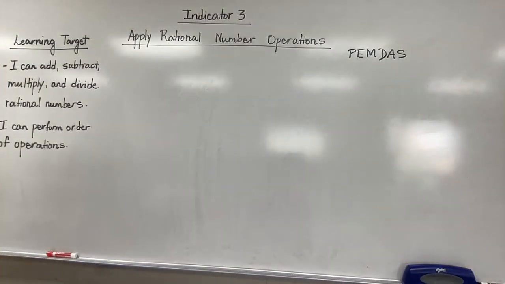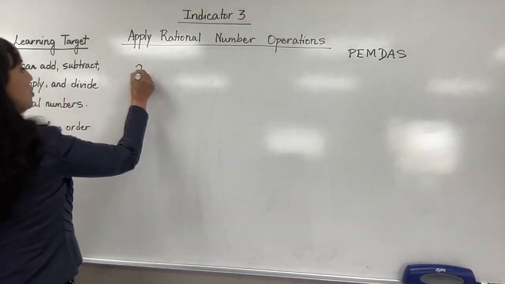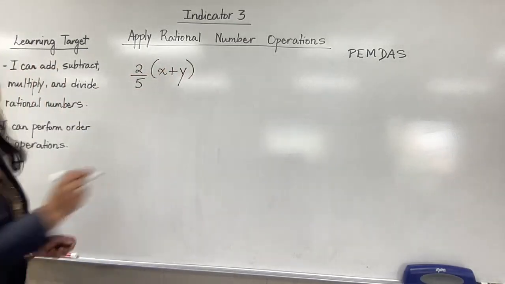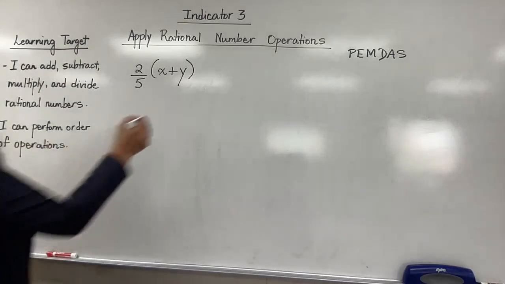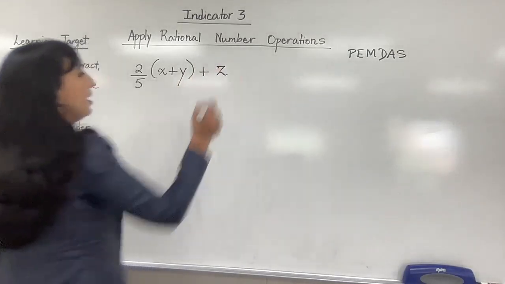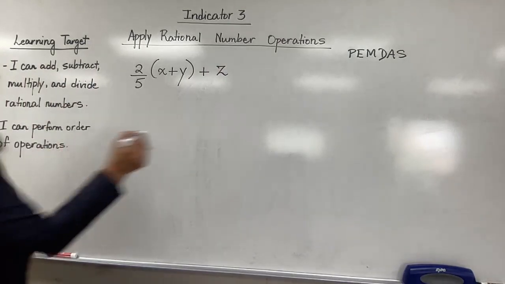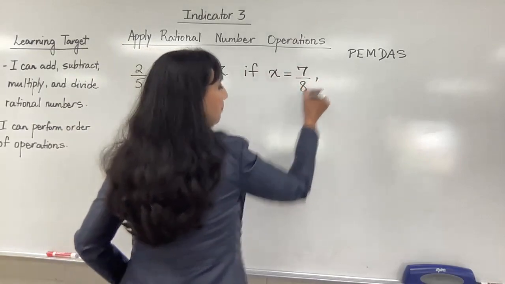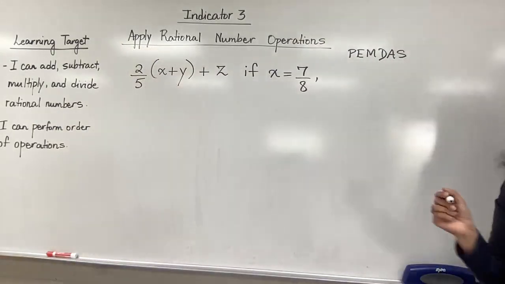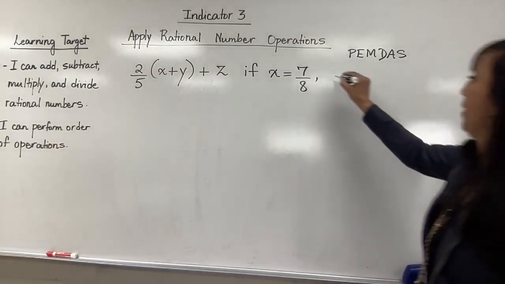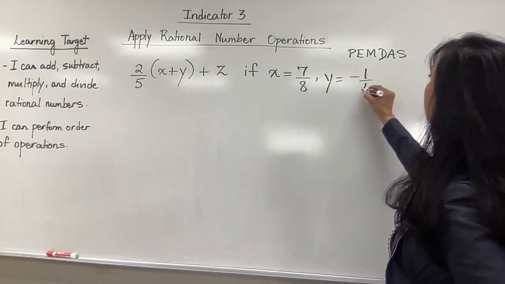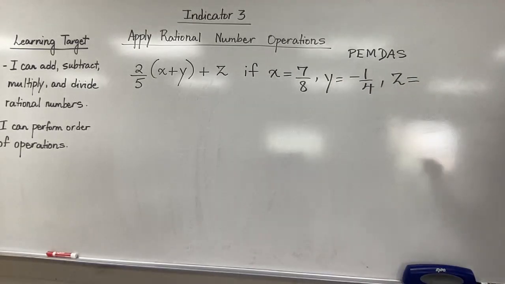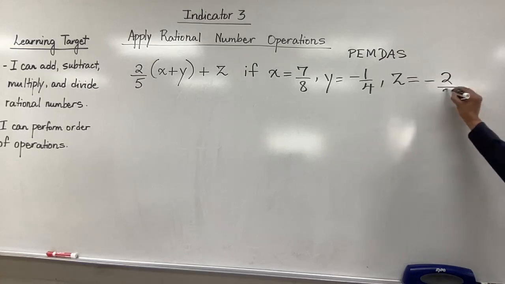And I'm going to evaluate 2/5 times (x plus y), plus z, and x is equal to 7/8, y is equal to negative 1/4, and z is equal to negative 2/3.